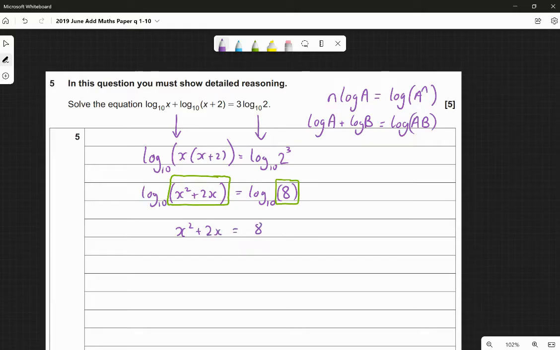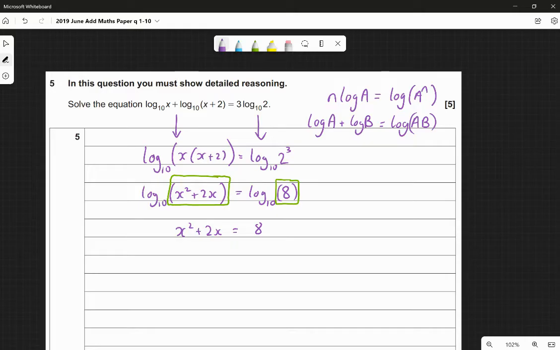So when you're trying to solve logarithm equations, it is often useful to simplify the logarithms into one single logarithm. And then if you've got logarithms on both sides of the equation, if log of something equals log of something, then the two somethings must be equivalent to one another. And this now is a simple quadratic equation which I can solve.